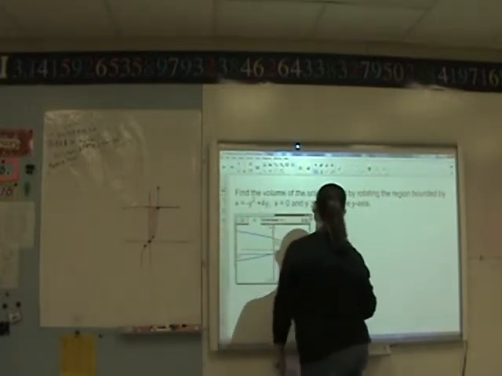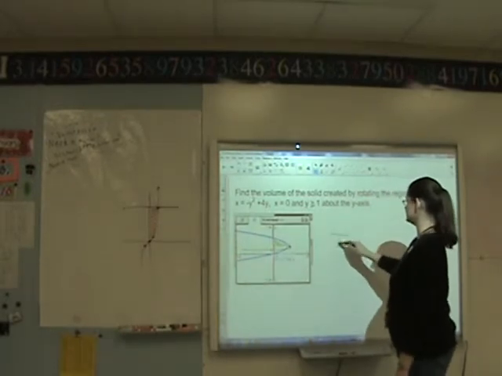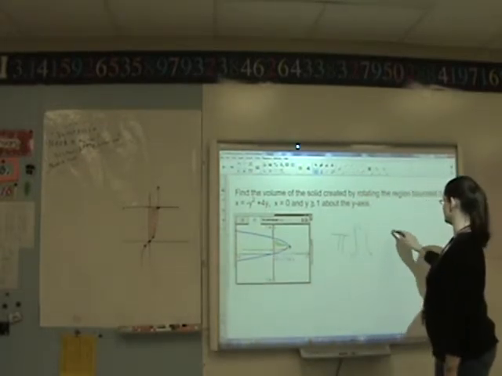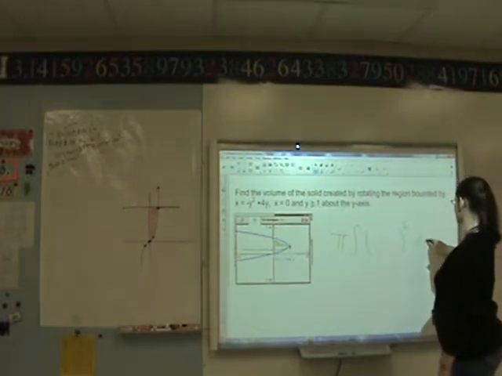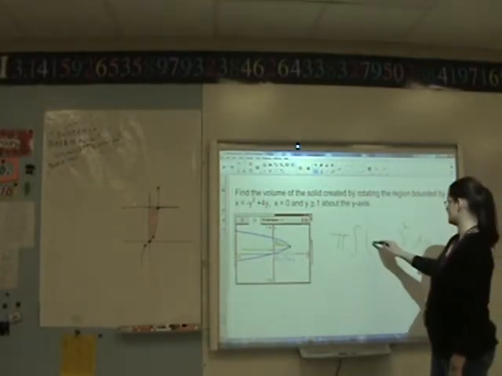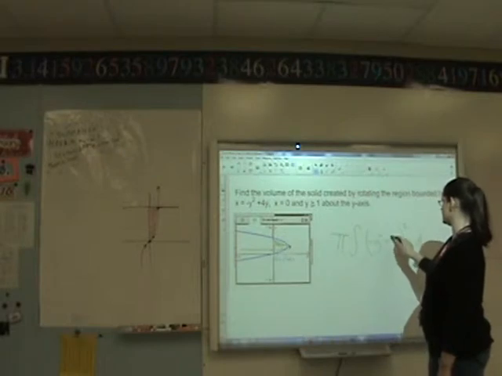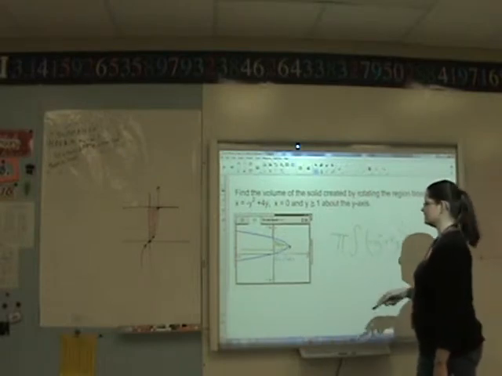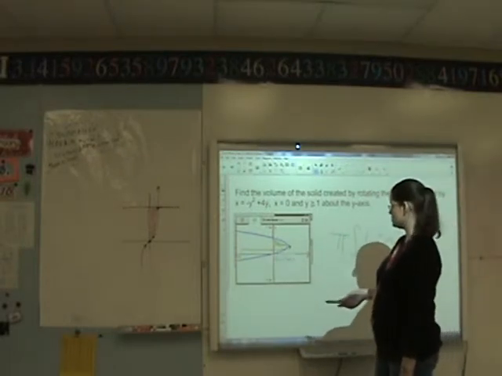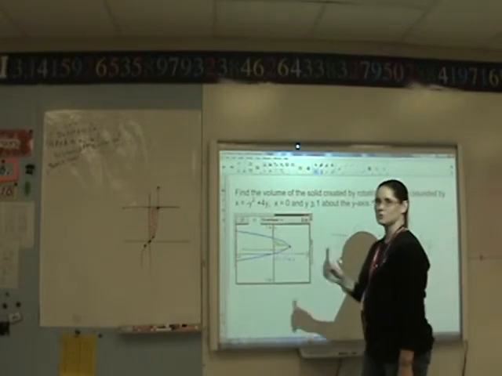So rotating around the y-axis, pi, function squared, dy. My function is -y² plus 4y. Intersection points, remember that you're using y coordinates.